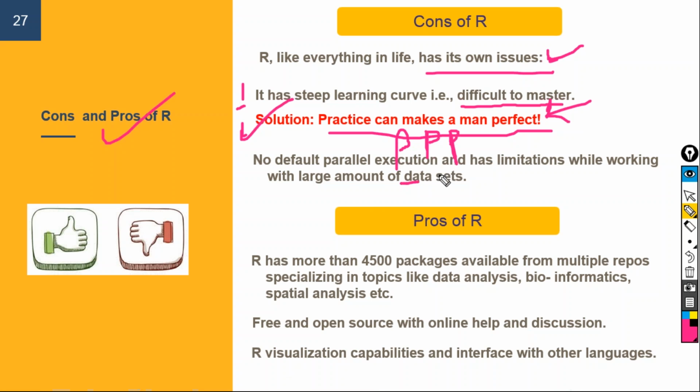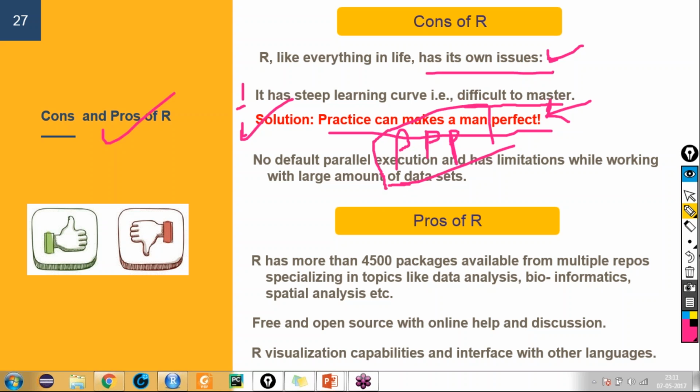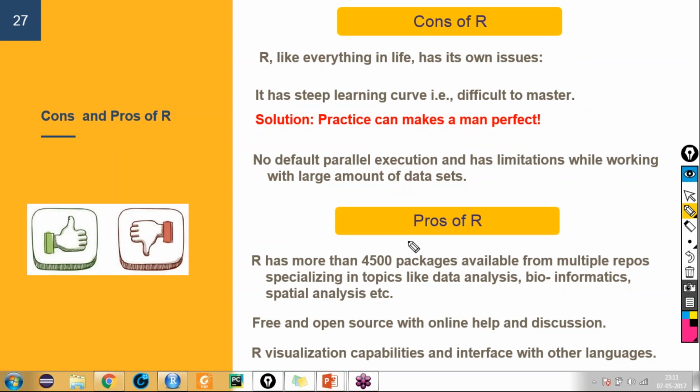In any language or anything you want to master, there is no shortcut, and especially in data science, there is no shortcut. You have to keep practicing, and the more hands-on you give to the language, the more you will get, and that makes it very, very easy for you to get things done, correct? This is the first point.